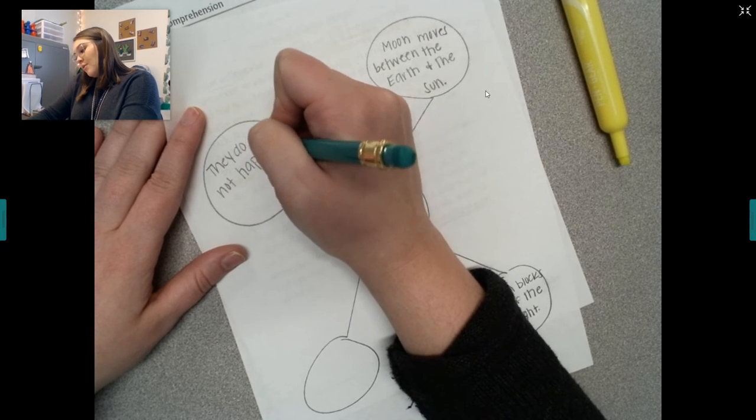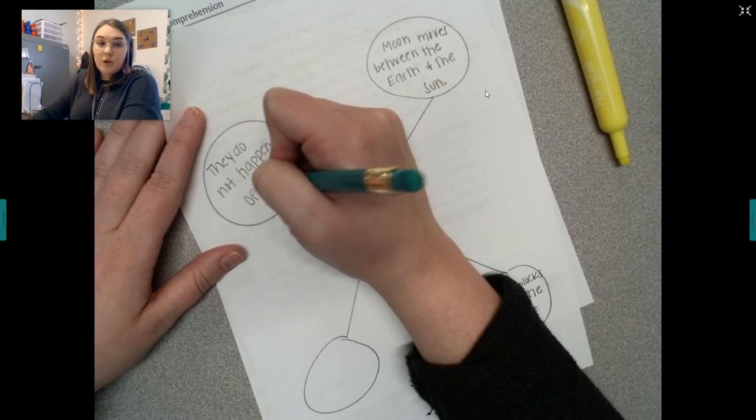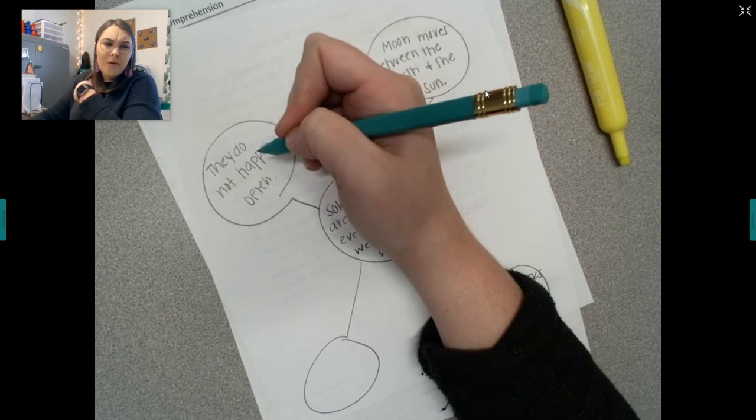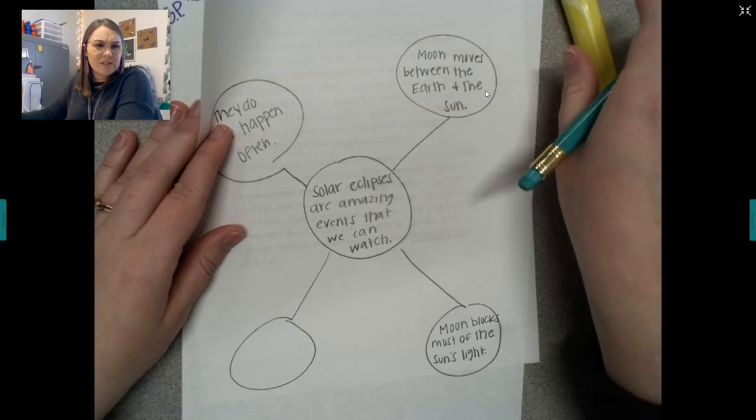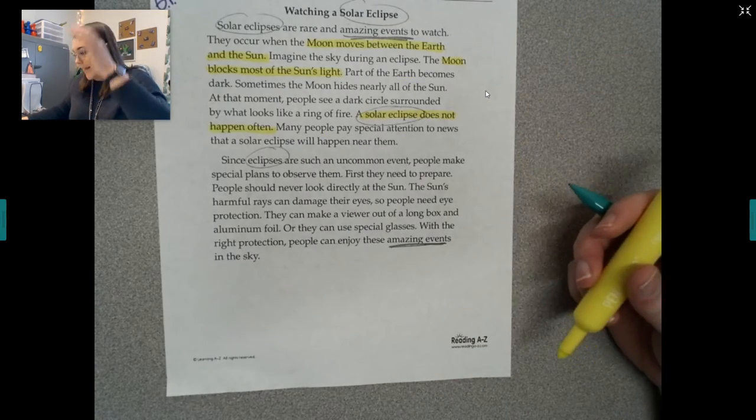And I hope that you know, this passage has way more than 4 details in it. I'm just picking the 4 that I think support the central idea the most, the ones I like the most.